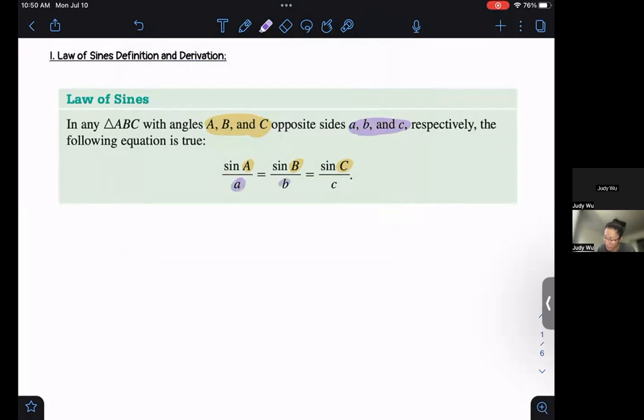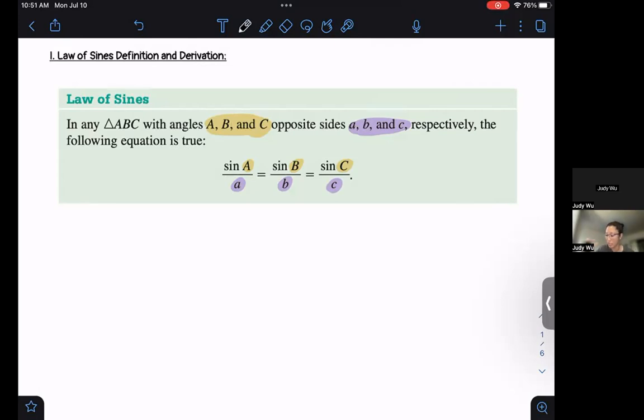So if you are someone who writes without a lot of distinction between uppercase and lowercase letters, it's going to be really important here that you have an uppercase A and a lowercase a, an uppercase B, a lowercase b, and an uppercase C and a lowercase c.